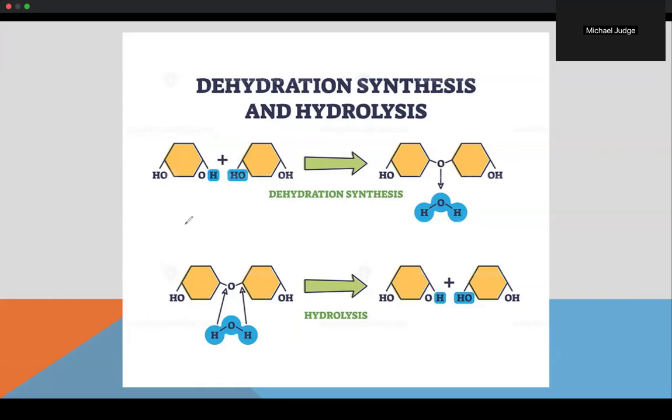So there you have the positioning of just the first OH group on the glucose ring being either up, as in beta glucose, or down, as in alpha glucose, leading to a totally different style of polymer or chain of them when you link them together, which leads to extremely different properties.